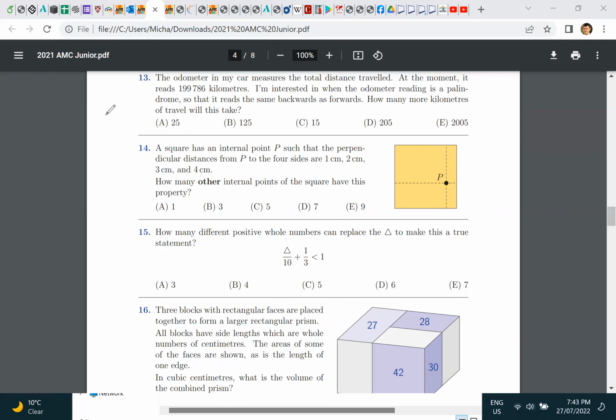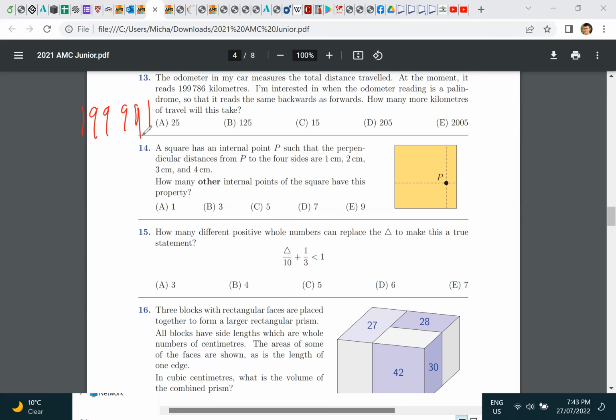Yeah. Like that, yeah? And that'll be another 205 away. Okay, all the answers end in 5, so the 1 should be correct. So the only answers that are smaller than that, right, are 15, 25, and 125. Maybe we can check those answers just to see what they are, yeah?